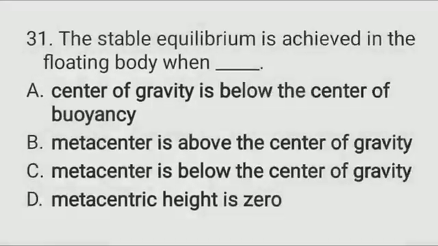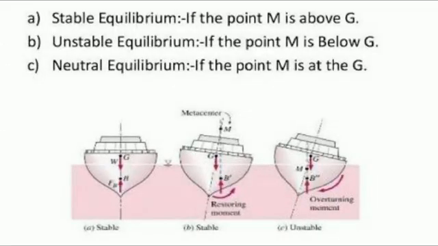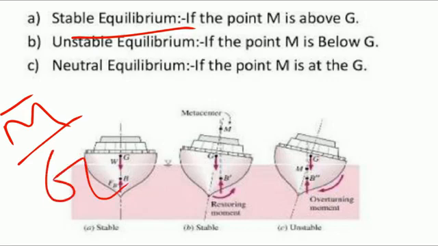The stable equilibrium is achieved in the floating body when. There are some conditions for stability of a floating body. Stable equilibrium means the point M is above G. What is M and what is G? M is the metacenter and G is the center of gravity, right? When M is above G, it can be said stable.